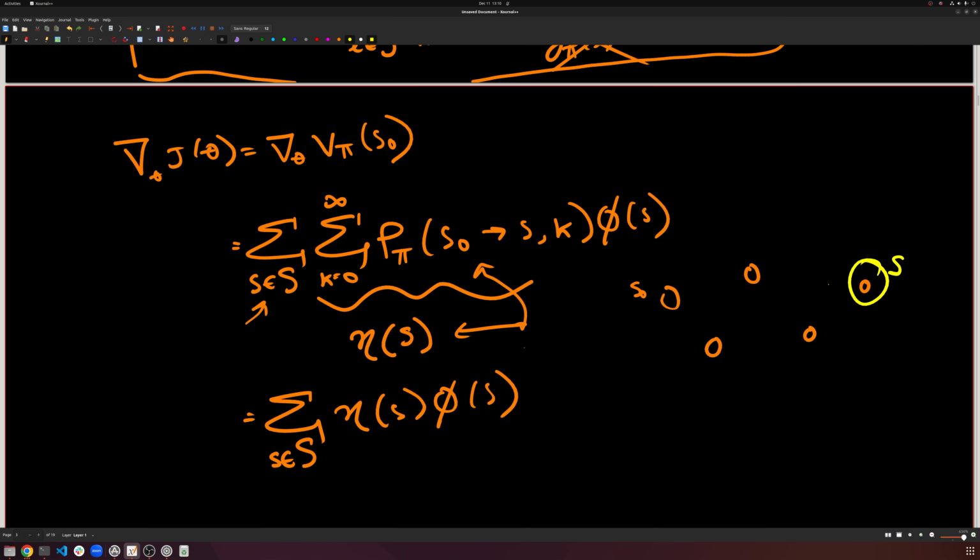And you can imagine, there are so many ways to get here. If I want to get there in 0 steps, well, that's not possible. 1 step, well, whatever the transition probability is for that 1 step. 2 steps, well, we can go here and here, or we could go here and here, or we could go here and here, or we could go to myself and then here. There are all these different probabilities, which is why we'd be summing them up. We'd be adding them up. And then what about the probability of getting there in 3 steps, 4 steps, 5 steps, infinity steps, and so forth?